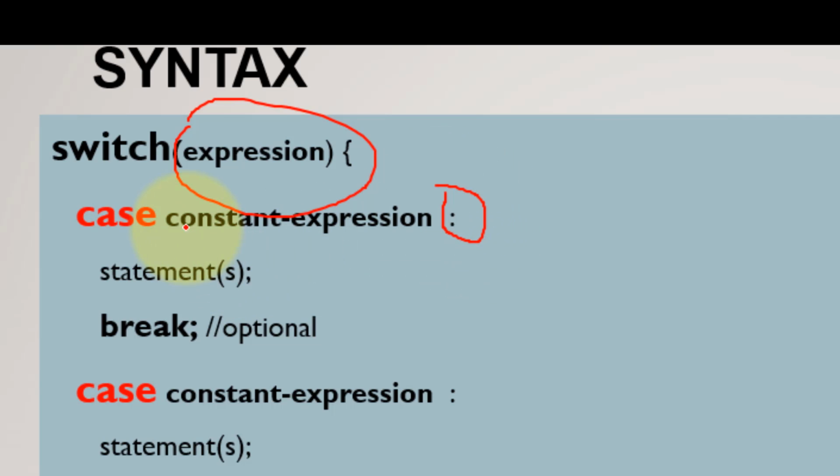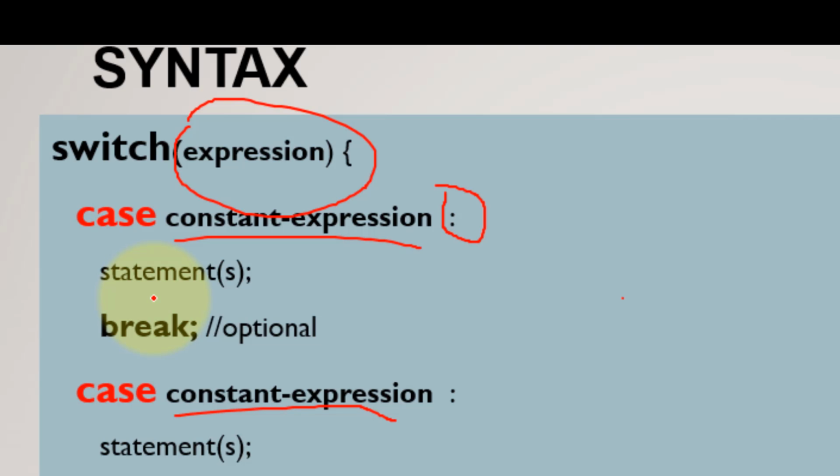Then the constant expression for a case must be the same data type as the variable in the switch, whether it is a character or an integer, and it must be a constant or a literal.